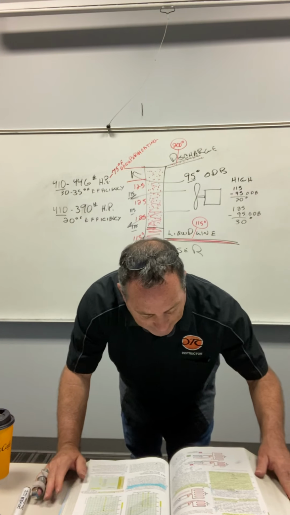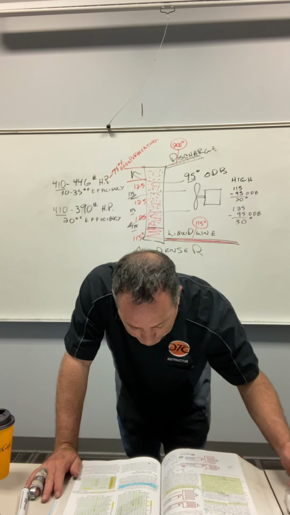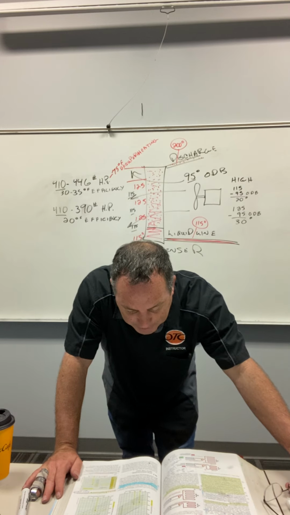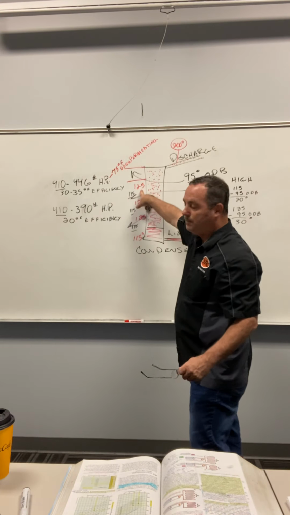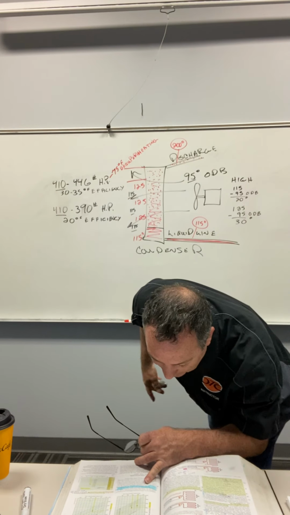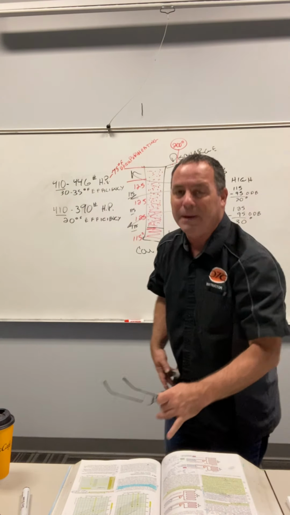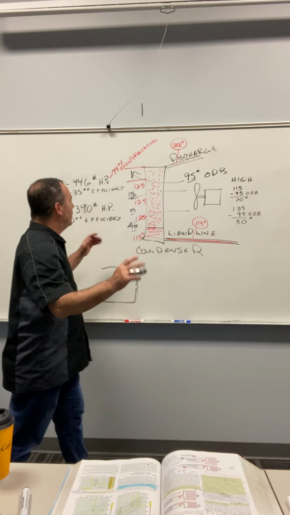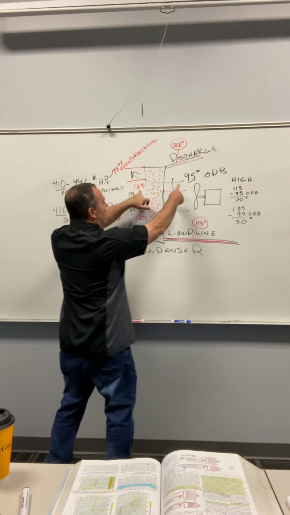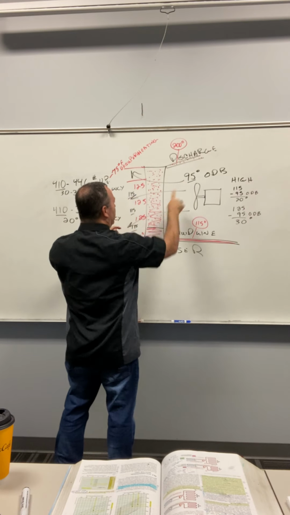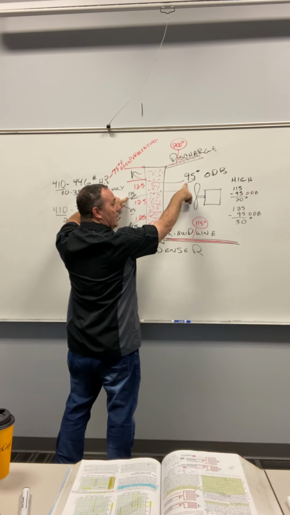Now also on that page, they give you a little thing. It says, after the condensing temperature increases, if this goes up, there is a greater difference between ambient and condensing temperature. So they're just saying, if I went from this to this, there'd be a bigger difference. So between 95 and 115 is 20.